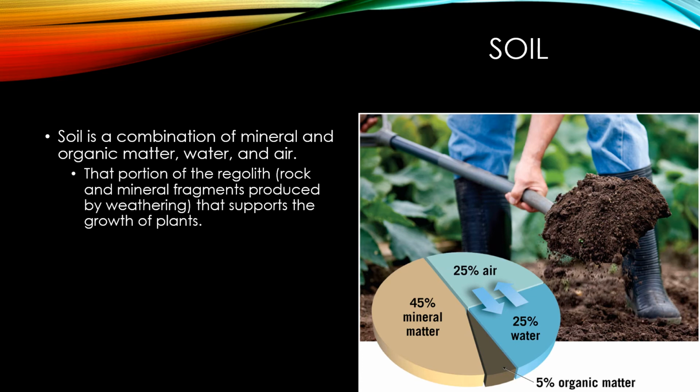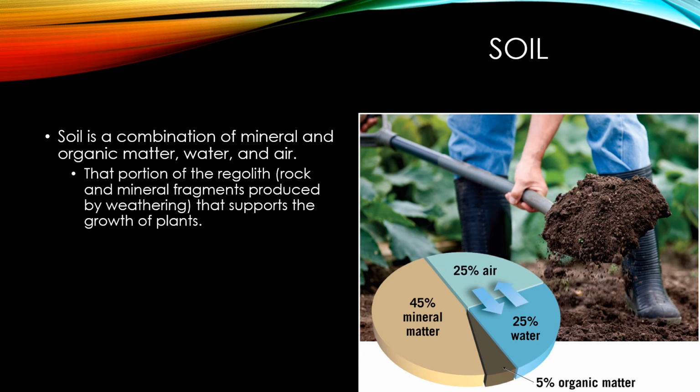Or that portion of the regolith, which is rock and mineral fragments produced by weathering, that supports the growth of plants. And it can only support the growth of plants if you have that mineral matter, organic matter, water, and air.